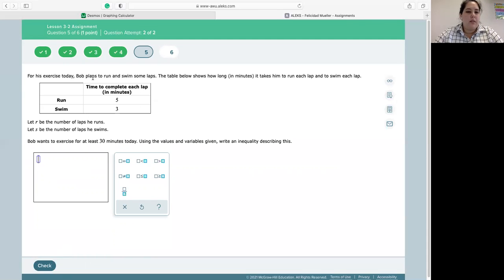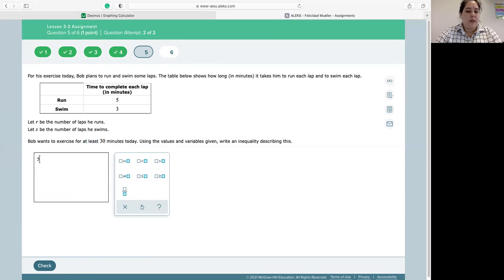So Bob plans to run and swim laps. It shows you how long he takes for each run and each lap for swimming. So R is going to be the number of laps he runs. S is the number of laps he swims. He wants to run for exercise at least 30 minutes. So here they use the word at least, so that does include the equal to.